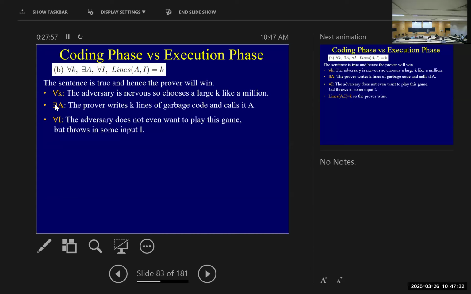What does my algorithm do? It ignores the input, and I loop t times doing an op. Everybody buy this? You tell me a t, I write an algorithm that does t ops and doesn't depend on the input. Input's just there going along for the ride.